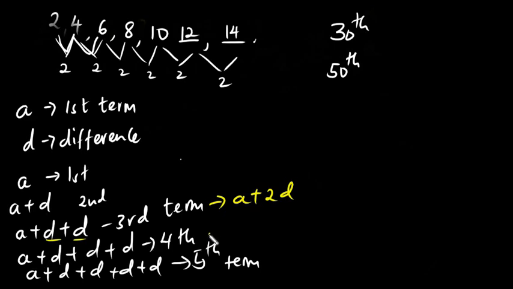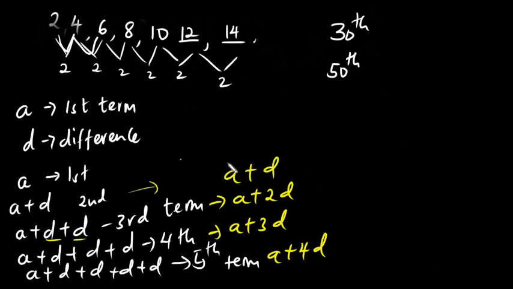And then the fourth term is going to be A plus 3D. And then the fifth term will be A plus 4D. The first one is A. So we have written them in terms of A and D.